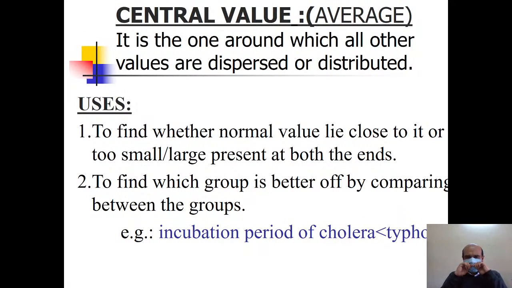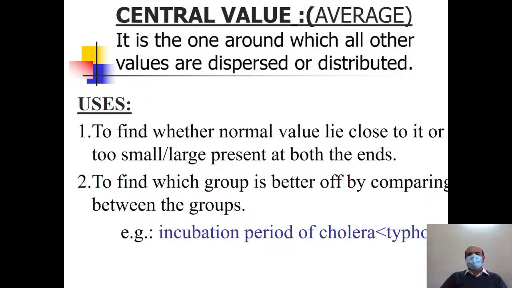Now the central value. A couple of examples I may skip here. Central value is very important to understand in statistics, because you can get different types of data: continuous variables and categorical variables.